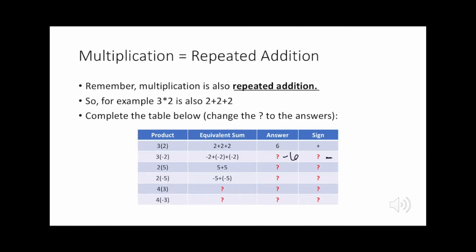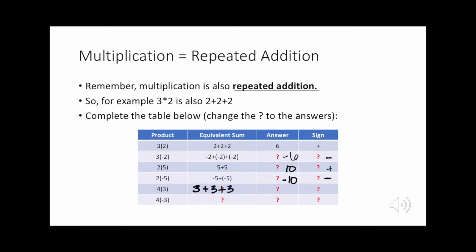Well then, 2 times 5 would be 5 plus 5. 5 plus 5 is 10, and that sign is positive. 2 times negative 5 then would be negative 5 plus negative 5. So that answer is negative 10. My sign is negative. So then on your own, you had to figure out 4 times 3. How would you write that as a number sentence? Well, that's 4 groups of 3.